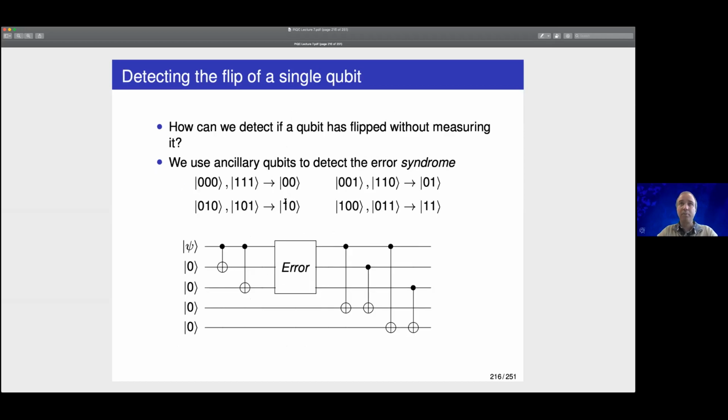Because, well, you may think this only works if exactly one of the qubits changes from 0 to 1 or 1 to 0. But what happens if instead of a rotation of pi degrees, what the error is doing is a slight rotation that changes the 0 a little bit towards 1, but not completely towards 1, okay?